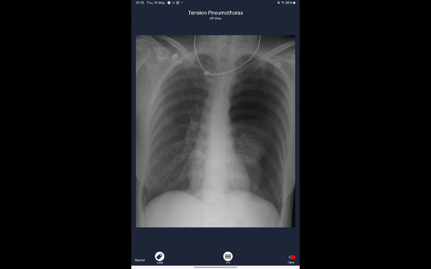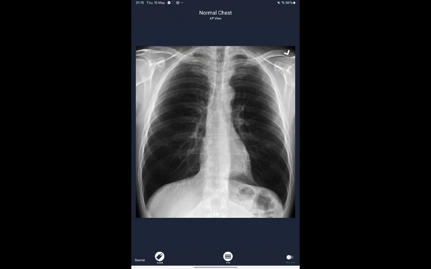This is the tension pneumothorax. We have a thoracic wall injury, like a rib fracture, for example. The open pneumothorax is a less dangerous, less emergent situation than the tension pneumothorax.